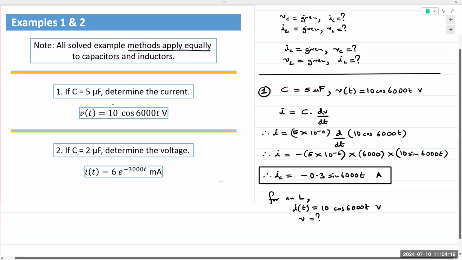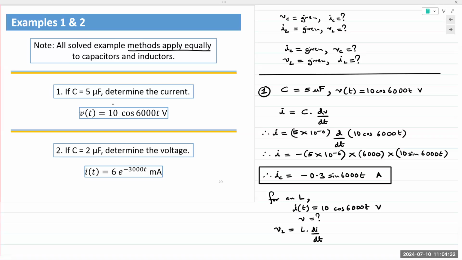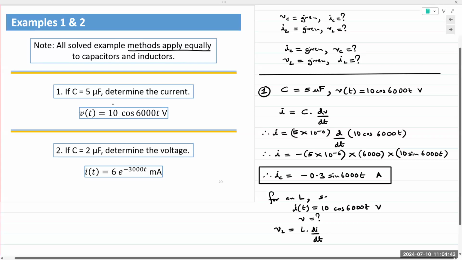If you do the exact same thing, inductor voltage is L times di over dt. You'll plug in the values for L, you will plug in the value for i, find the time derivative and determine the product. Does that make sense? Any questions?